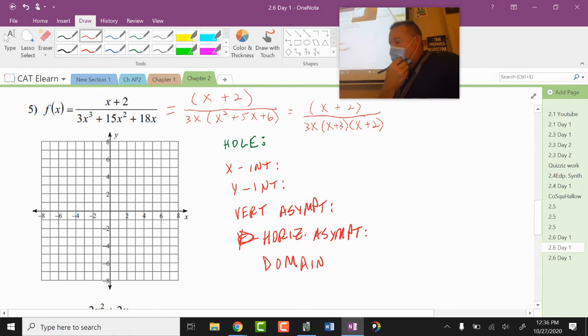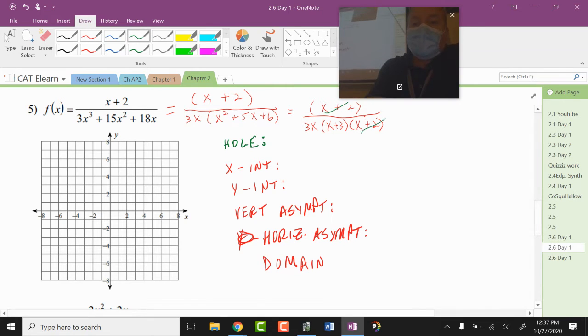Hey, Ryan, what do you notice on this one? Look at the numerator, look at the denominator. These cancel. And that is the crux of what a hole is. Because here's the idea.